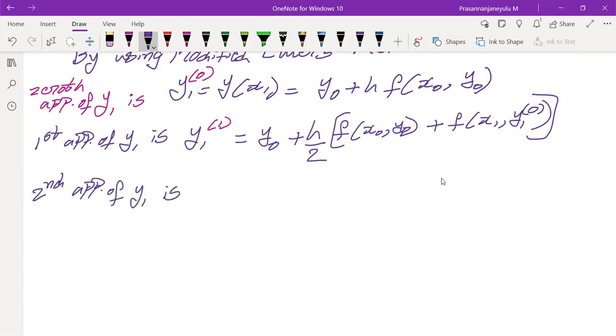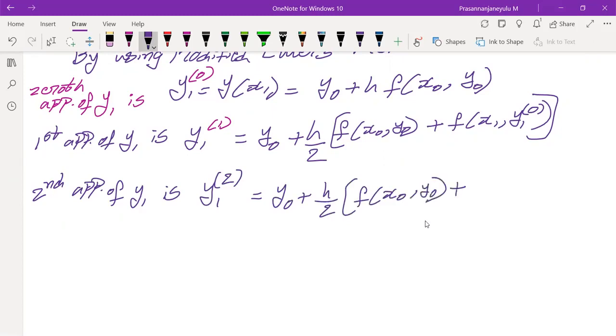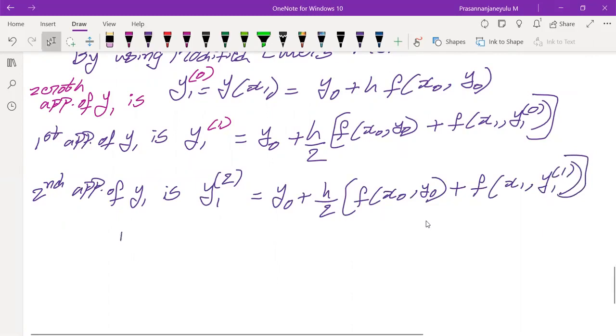The second approximation, y1 power 2 in brackets, equals y naught plus h by 2 into f of x naught comma y naught plus f of x1 comma the first approximation of y1. What is the latest approximation of y1? The first approximation of y1, that we have to take. In the same manner, we go for the third approximation.